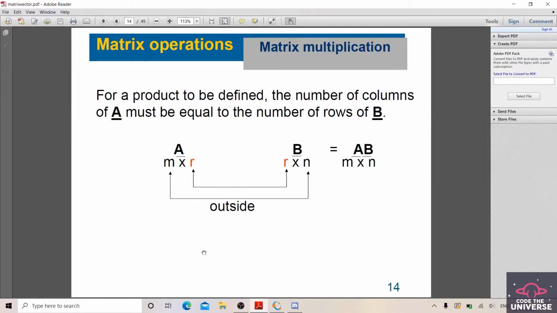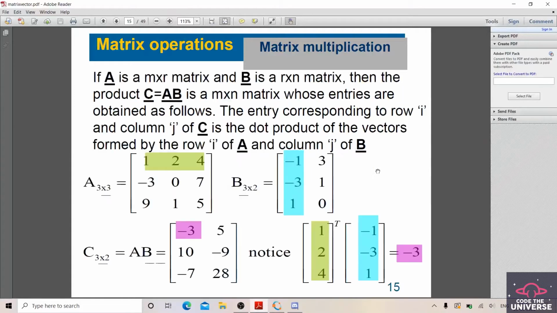The eventual dimension of the product, which is AB, will be M cross N. So that is something to be noted, and understand that only if this condition is satisfied are things going to work out with matrix multiplication. So that being said, let's move on to actually learn how to perform these matrix multiplication operations.